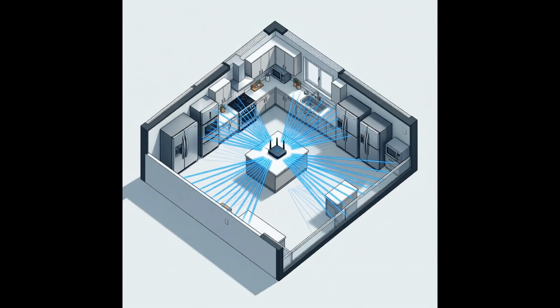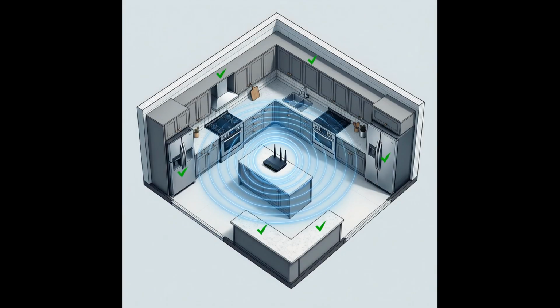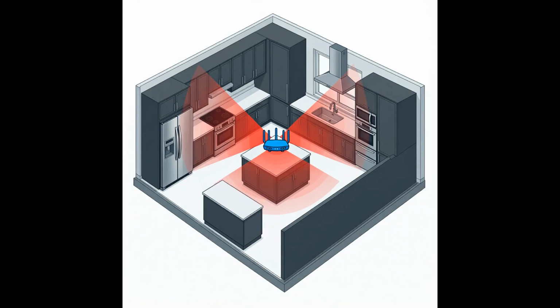Consider a standard kitchen layout where the refrigerator acts as a large metallic shield directly between the router and your smartphone. Placing the router in a corner creates an obstruction angle that forces signals to diffract around corners rather than travel directly to the receiver. A top-down floor plan reveals that central positioning relative to the kitchen perimeter minimizes these critical obstruction angles for most devices.